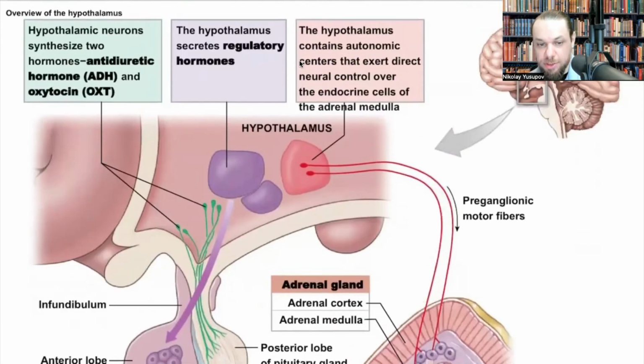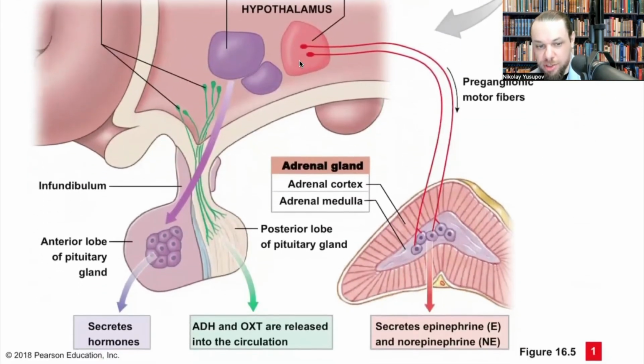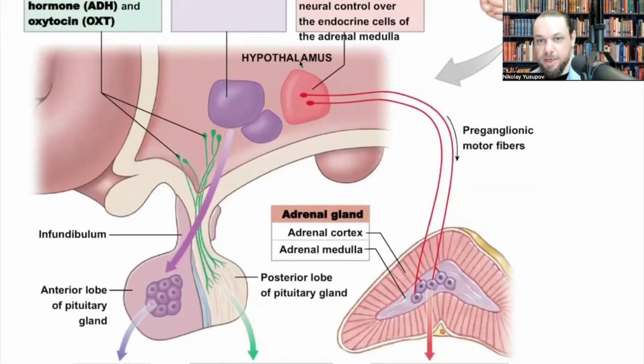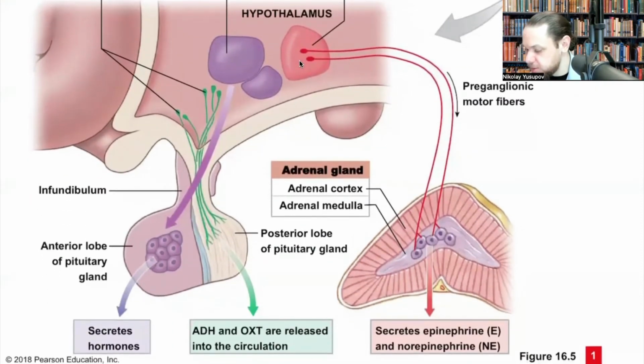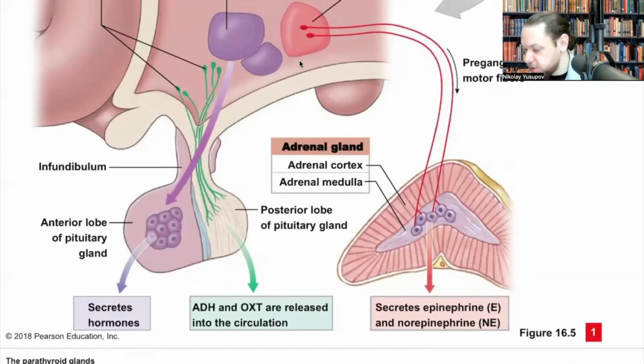So the next thing we're going to talk about is the posterior pituitary gland in your hypothalamus and the hormones it secretes. So the posterior lobe of your pituitary gland, the ones that we are paying attention to are ADH, or antidiuretic hormone, and oxytocin.